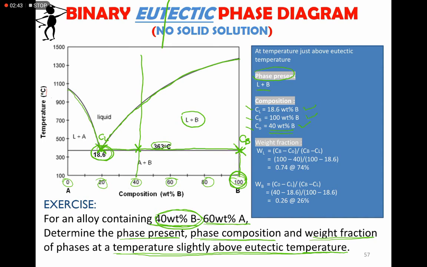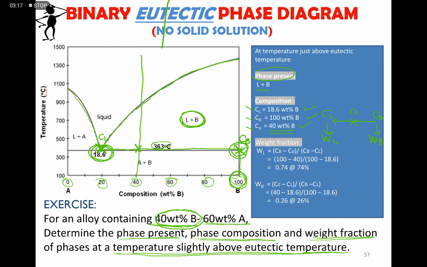Next, weight fraction. There are two phases here, liquid plus B, so you need to use the lever rule. Make a straight line. This is your C naught, your left side is Cl, and your right side is Cb. You can get the formula for Wl and for Wb.